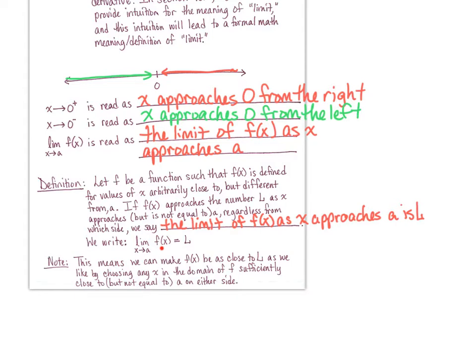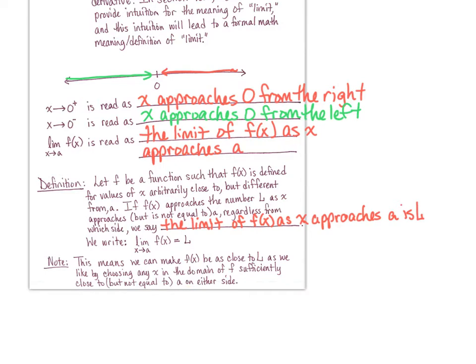We write limit of f of x as x approaches a equals L. Okay? So in other words, this means that we can make f of x as close to L as we like by choosing any x in the domain of f sufficiently close to but not equal to a on either side.